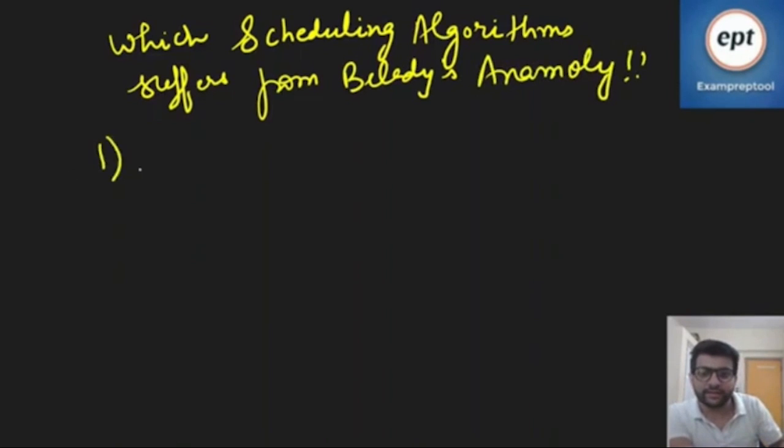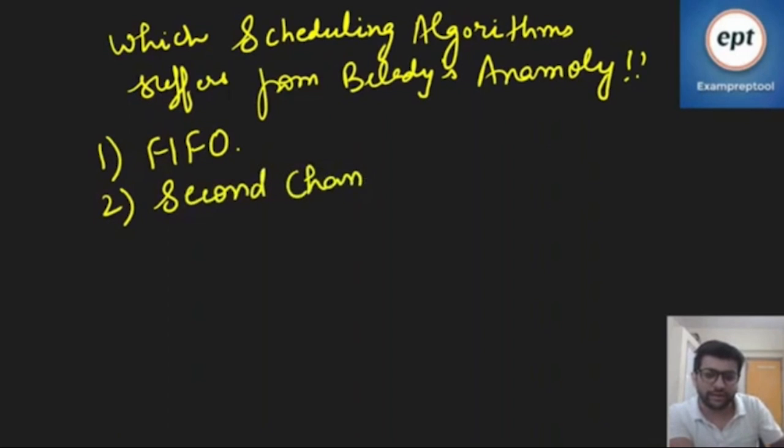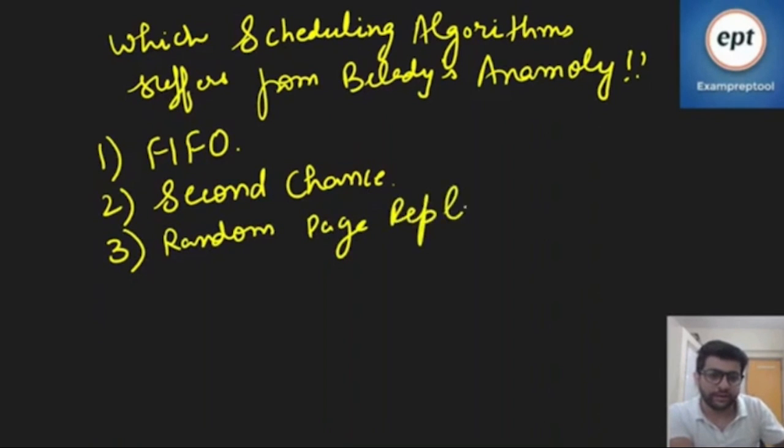The answer is, first, FIFO. The second one is second chance. And the third one is random page replacement algorithms, right?